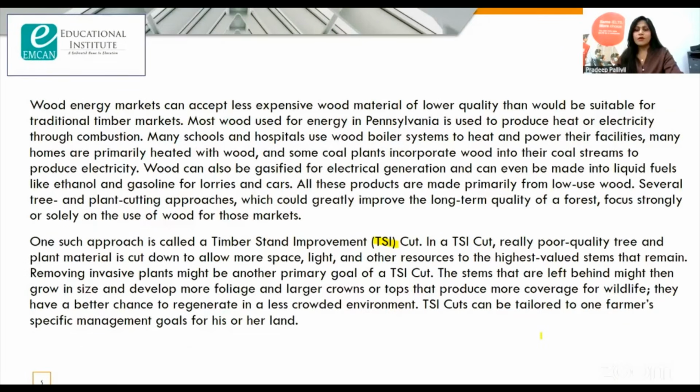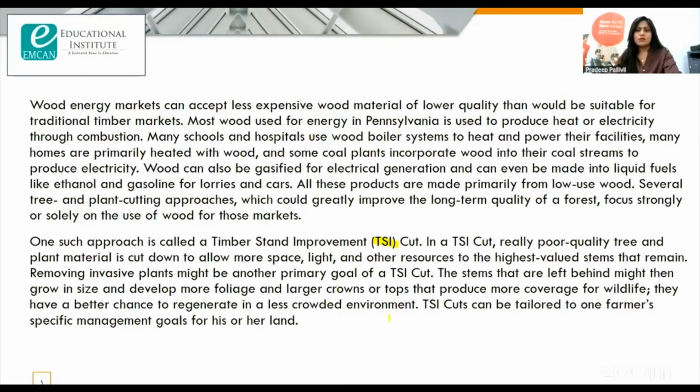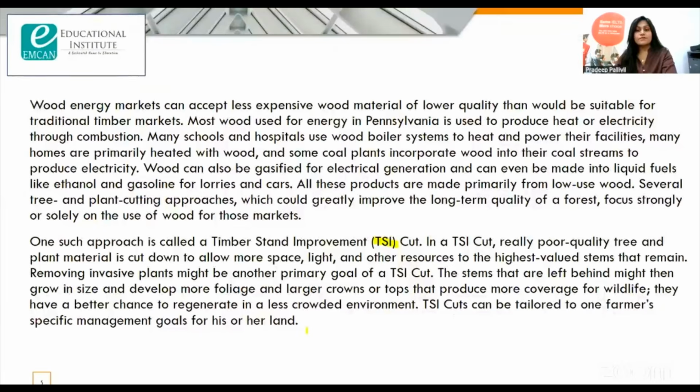Do they talk about generating income across a number of years? No, they don't talk about money at all. So you can avoid that too. Do they talk about creating a forest whose trees are close in age? No, they don't talk about trees that are close in age. So it means in this part we cannot find any answer. Okay, so don't worry, we have other things to read.